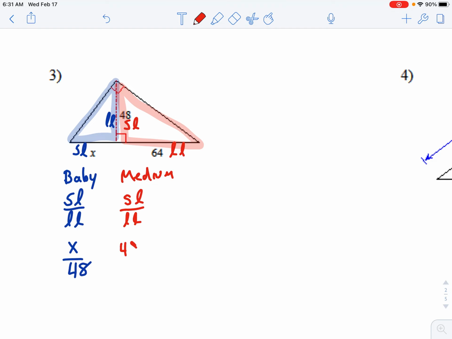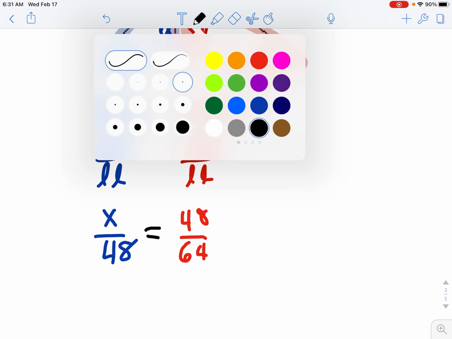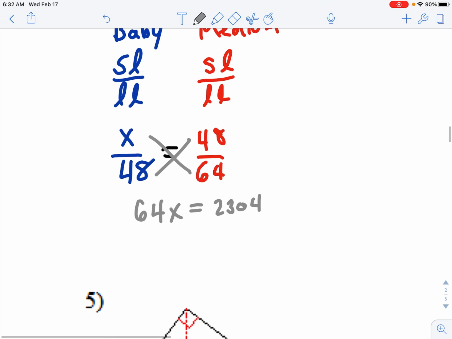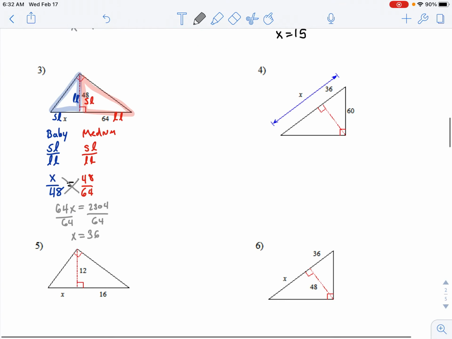So the short leg is 48, long leg is 64. Ooh, we're gonna get some big numbers here. All right, cross multiply, I'm gonna get 64x. If I really wanted to, I probably could do this in my head, but me not that smart. Then divide both sides by 64. X equals 36. Cool. All right.